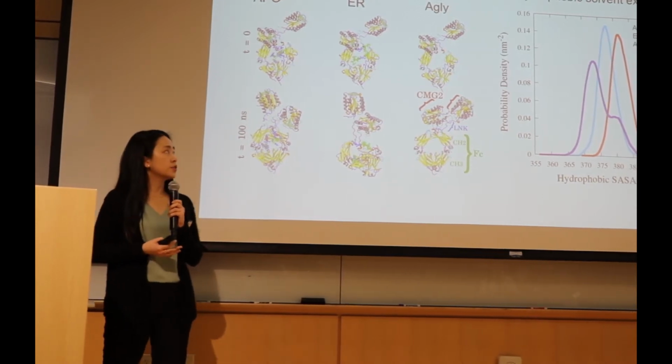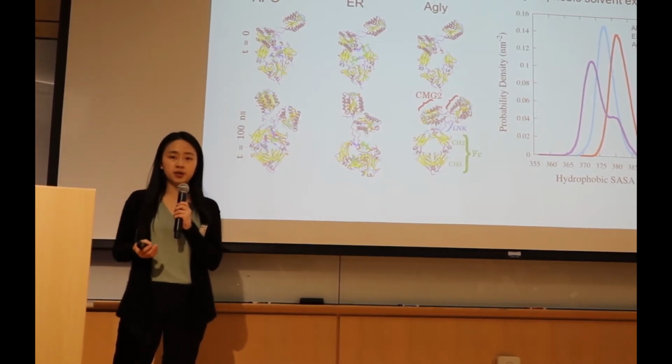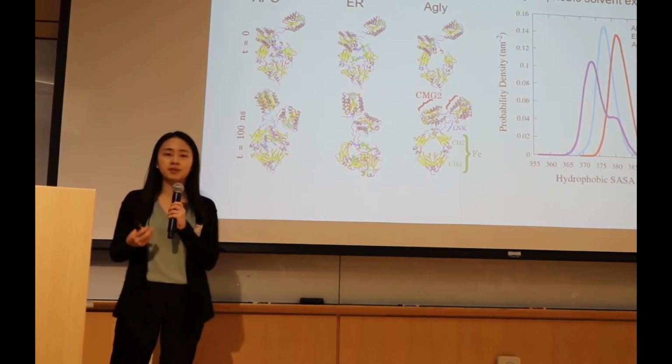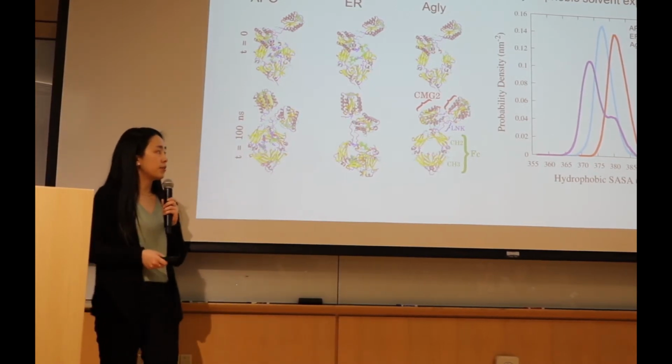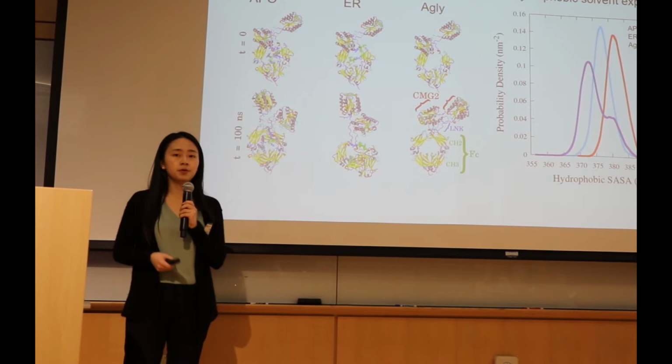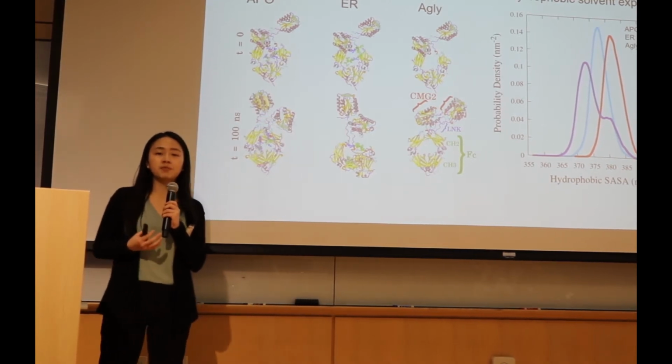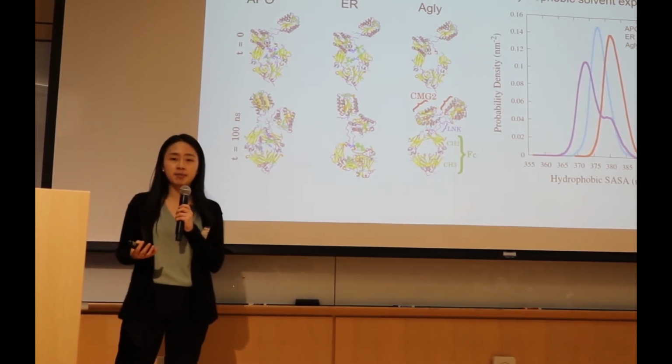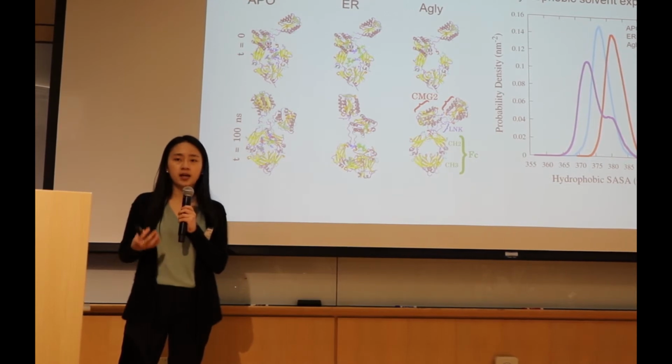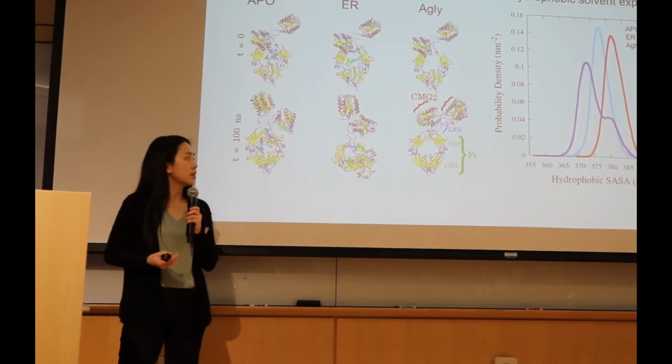Then we look into the hydrophobic solvent-exposed surface area, or hydrophobic SASA. The ER variants give the highest hydrophobic SASA, indicating a higher potential for aggregation to minimize those hydrophobic areas.